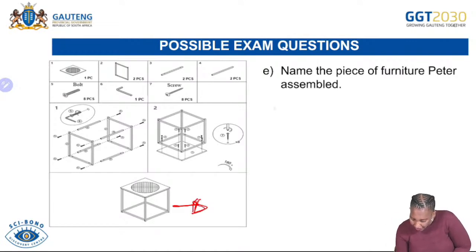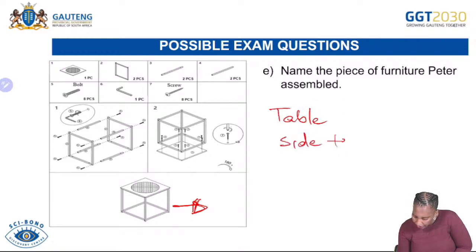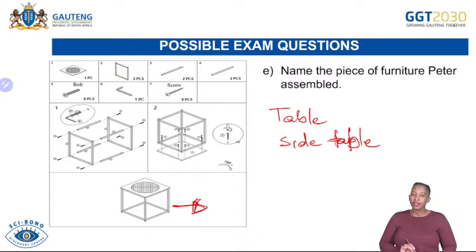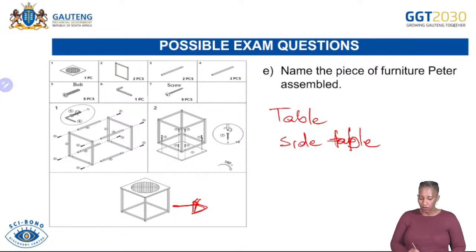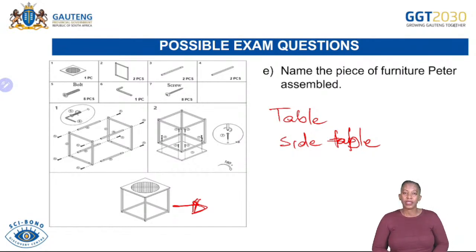We can say it is a table, or you can name it a side table. You can say it's a table or a side table. One of the answers is acceptable. You say a table or a side table. That is what Peter wanted to get, a piece of furniture, after he has put together all the pieces that were given.